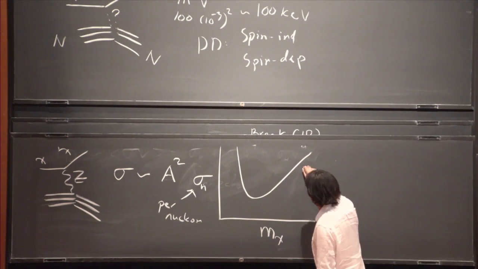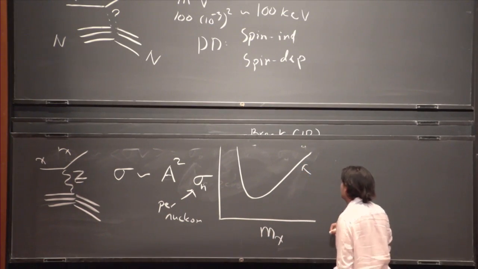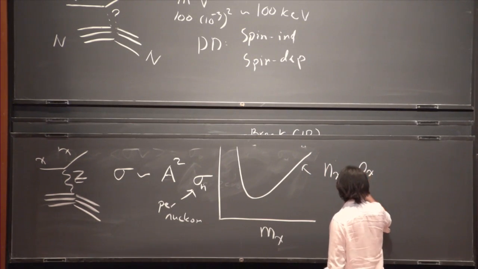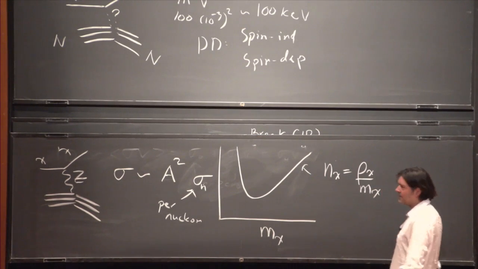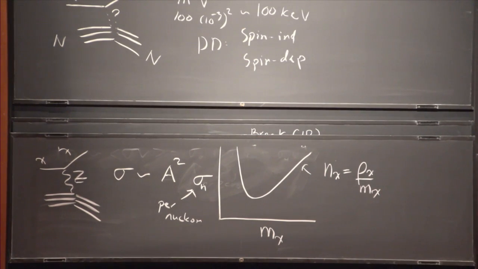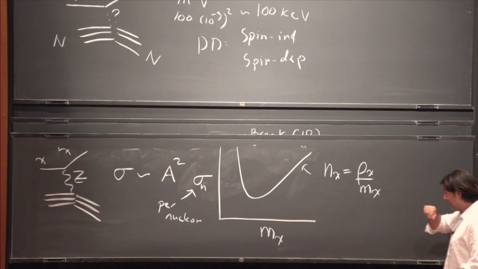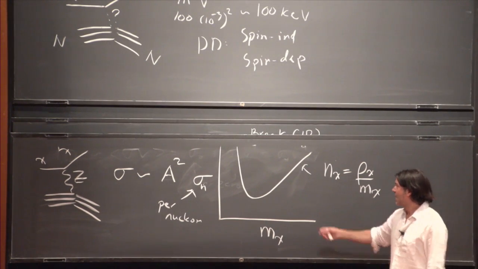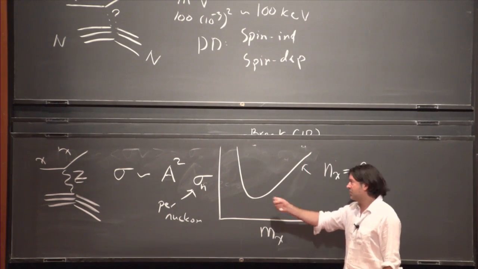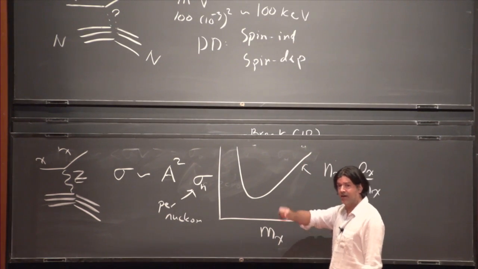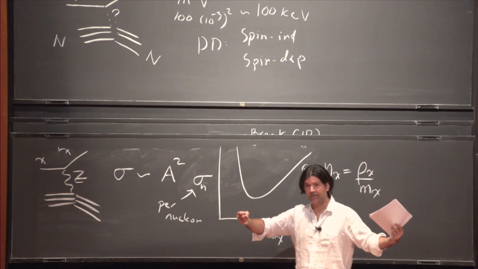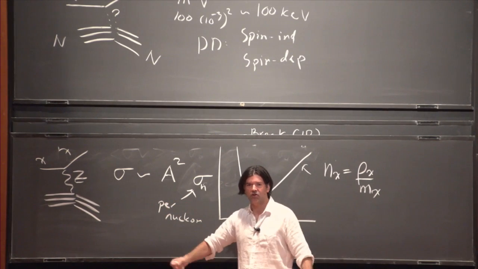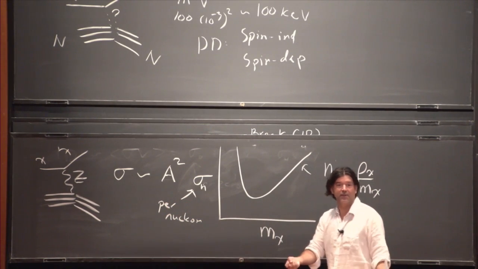We can understand the high mass region, which is just to say that the number density of dark matter goes like the density of dark matter divided by the mass. So as you go to heavier and heavier masses, there are just fewer and fewer dark matter particles around. The relevant kinematical factor at high masses is the reduced mass of the dark matter nucleus system. When you go to infinite dark matter mass, the kinematics are just dominated by the nucleus, so it's irrelevant what the dark matter mass is.